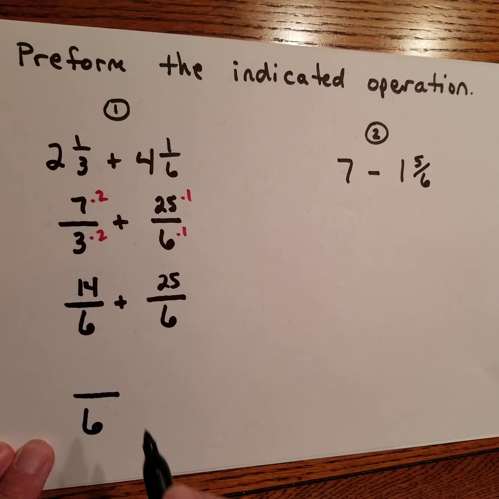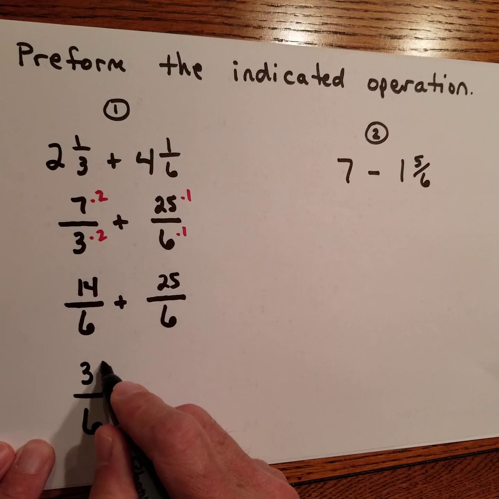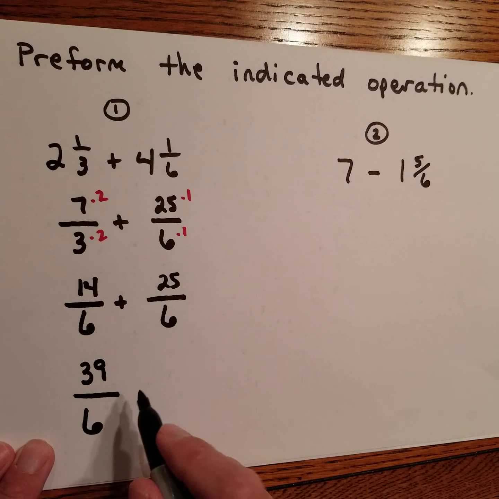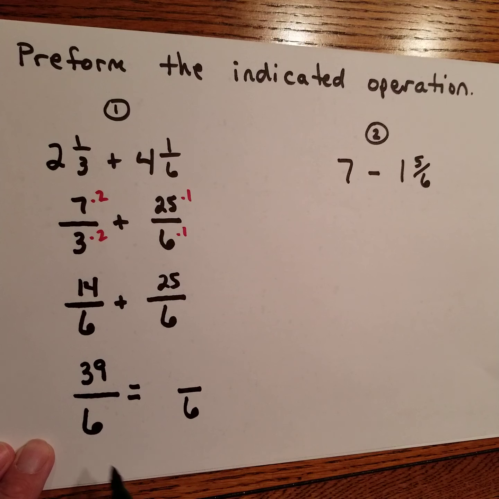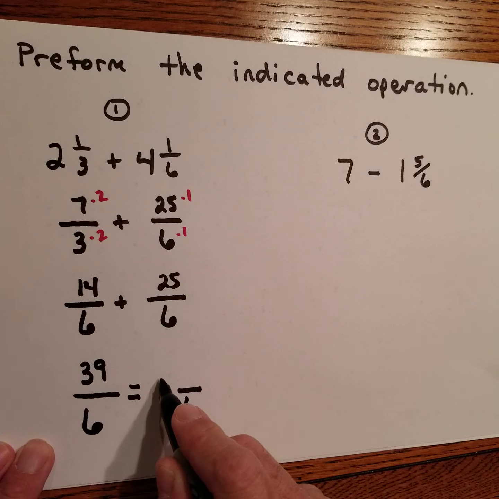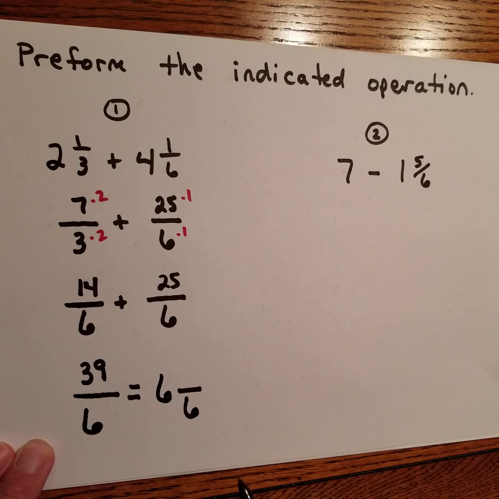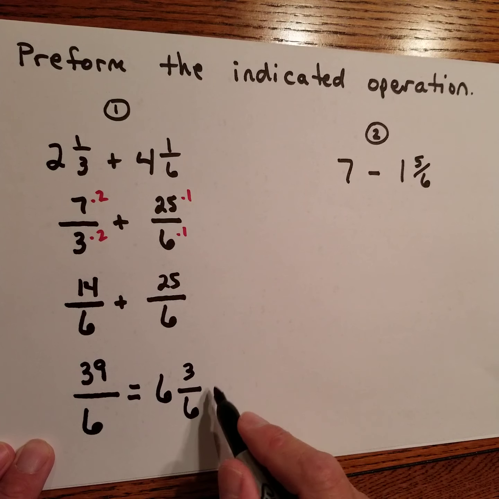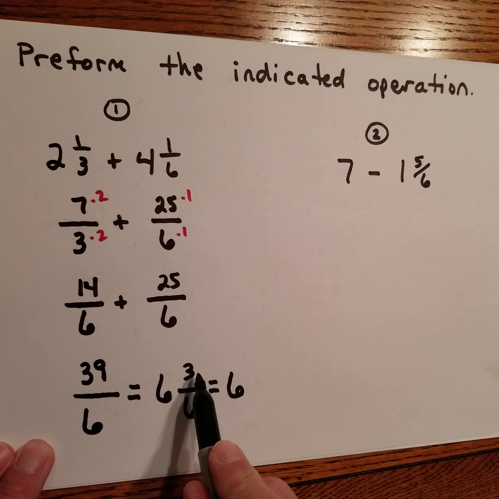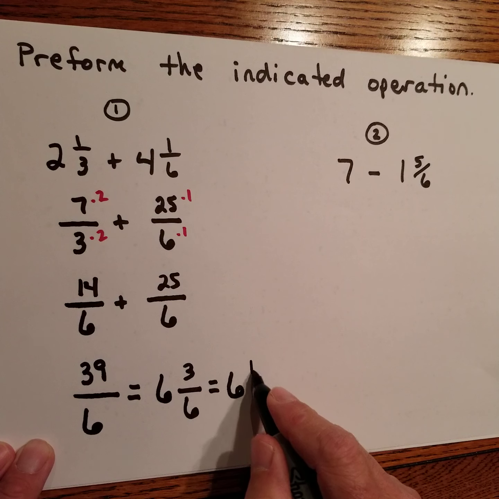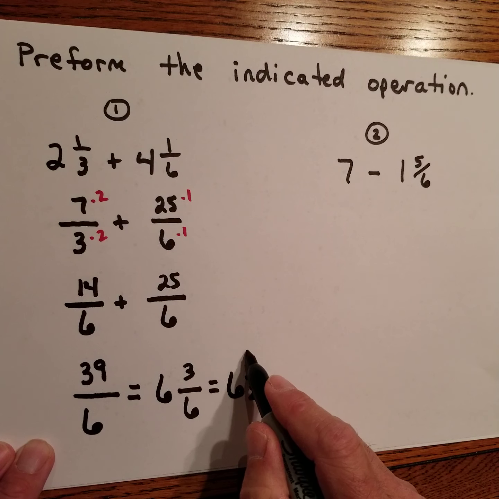Add those numerators. And then change it back into a mixed number. 6 goes into 39 6 times with 3 left over. That's a pretty good answer. Finally, I'm going to notice that 3 over 6 reduces. Divide by 3 and divide by 3, and my best answer is 6 1/2.